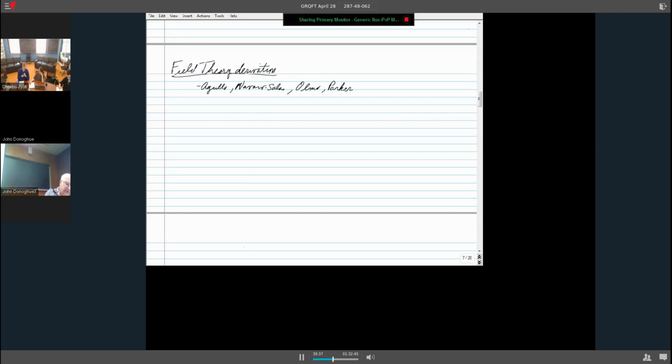My next thing would be I want to do a field theory derivation without the Bogoliubov transformations being directly calculated. And this is in a way my more favorite one. There's two sources that I have for this.